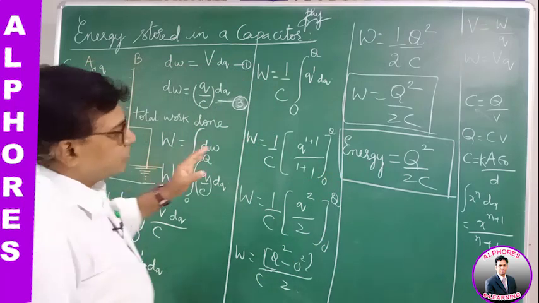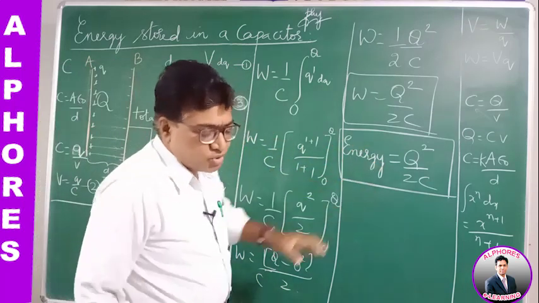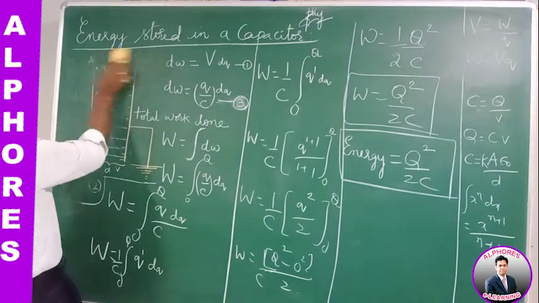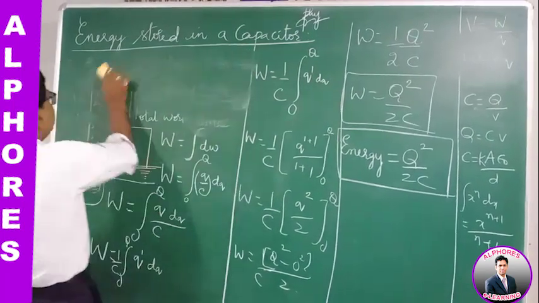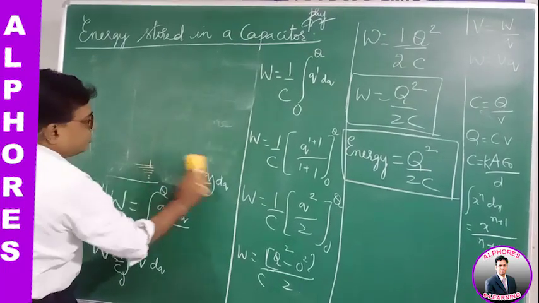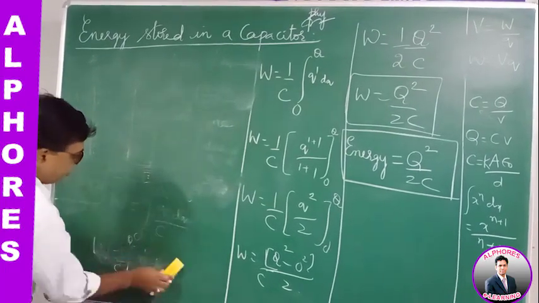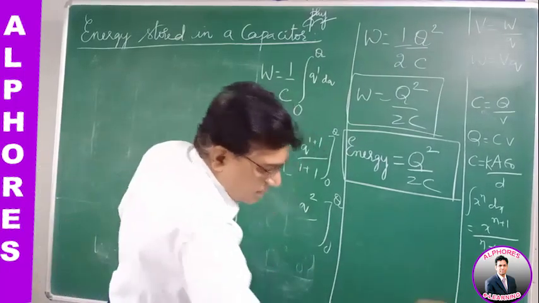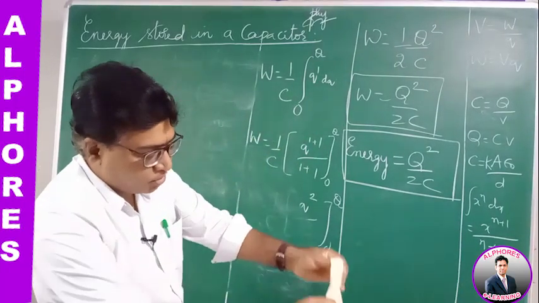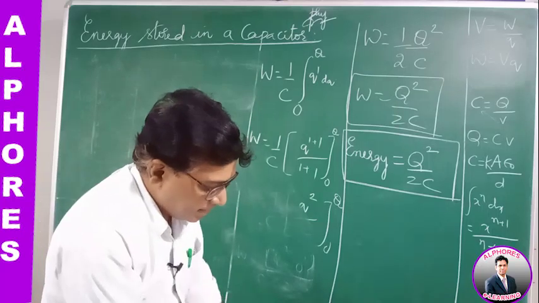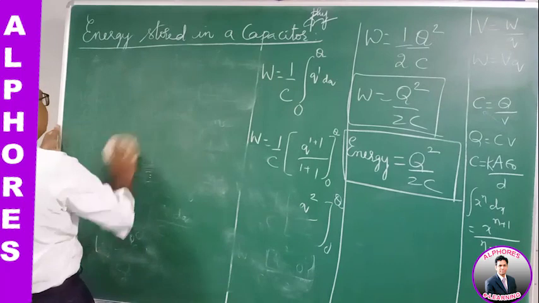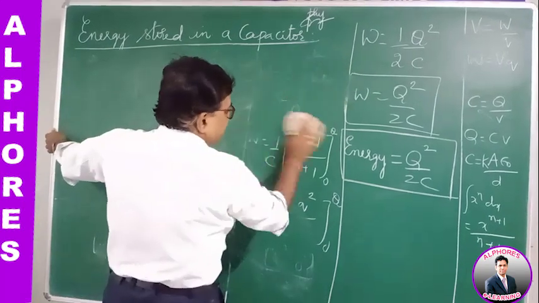Now let me write down the different forms of the energy stored in the capacitor. In the process of charging the capacitor, there is work done. All the work done is stored in the form of potential energy. That stored energy is half CV square or Q square by 2C.